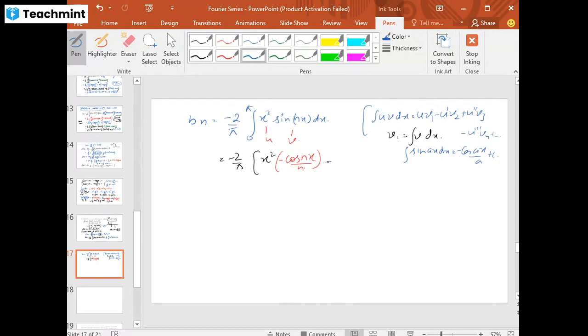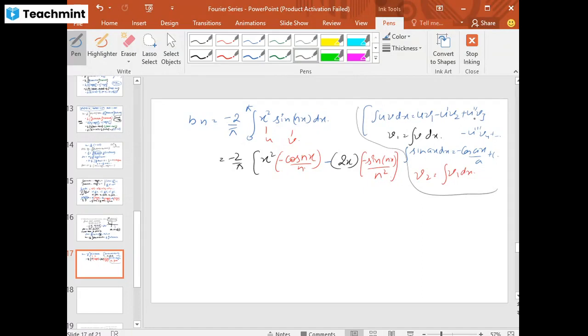Now further, u dash, derivative of x square, is 2x. Further v2. What is v2? V2 is integral of v1 dx. So integral of minus cos is minus sine nx upon n square, because one n is already there. So here we are using n square, right?